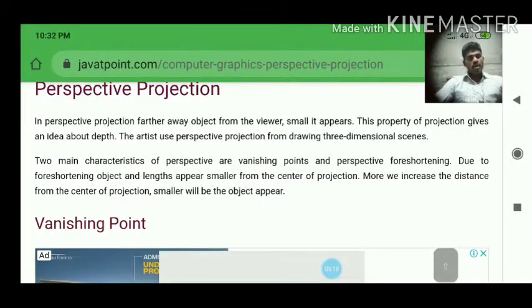A three-dimensional object drawn on a screen using two dimensions. Simple. I hope that you understand.